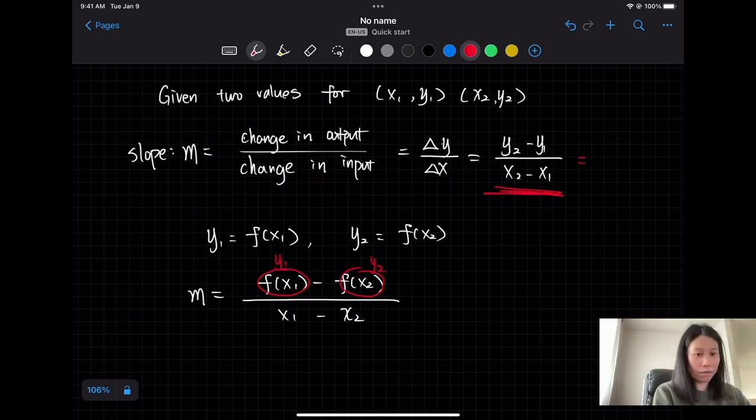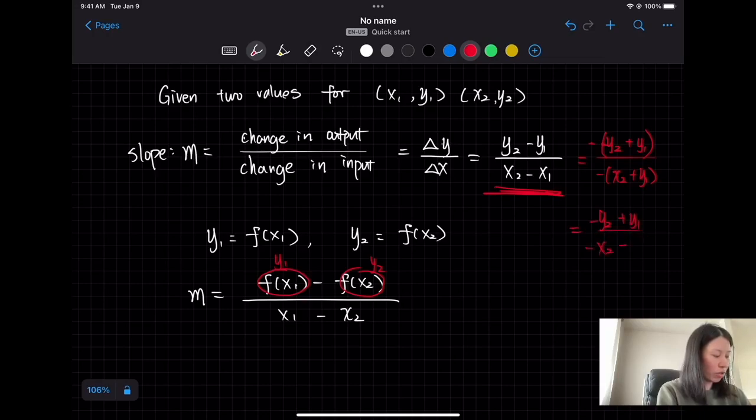If I pull out a negative sign in front of y2 minus y1, I have negative y2 plus y1, and then the same with the denominator, negative x2 plus x1.